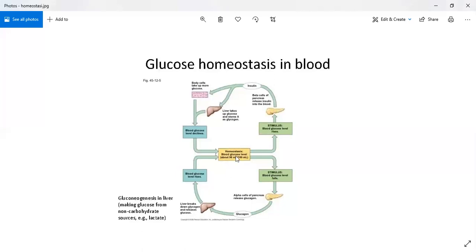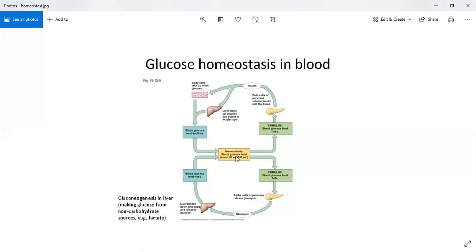So at that time, your body will now look for a way to get glucose from non-carbohydrate sources. Your body will look for a way to get glucose from proteins and fats. Remember that glucose is supposed to come from carbohydrates.